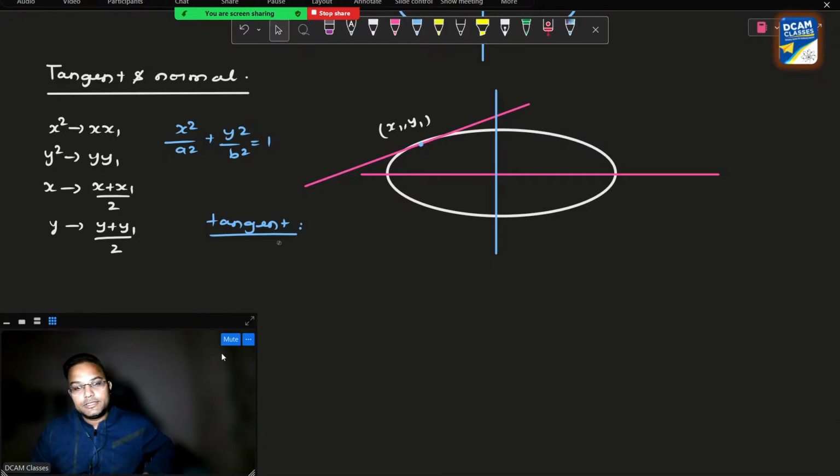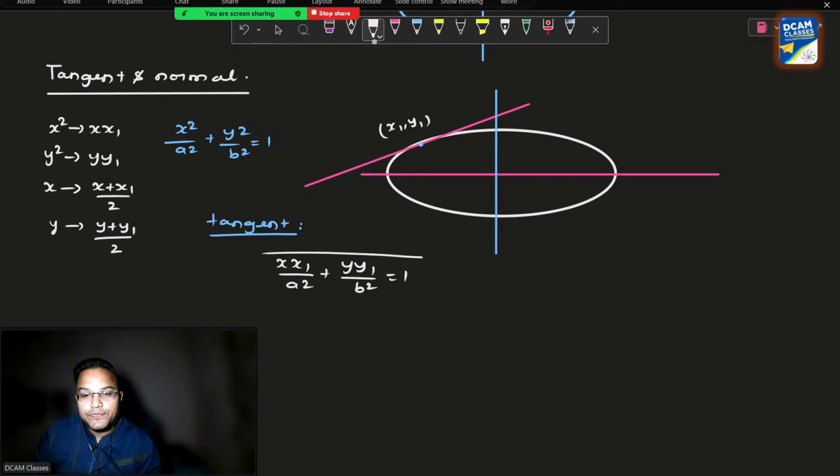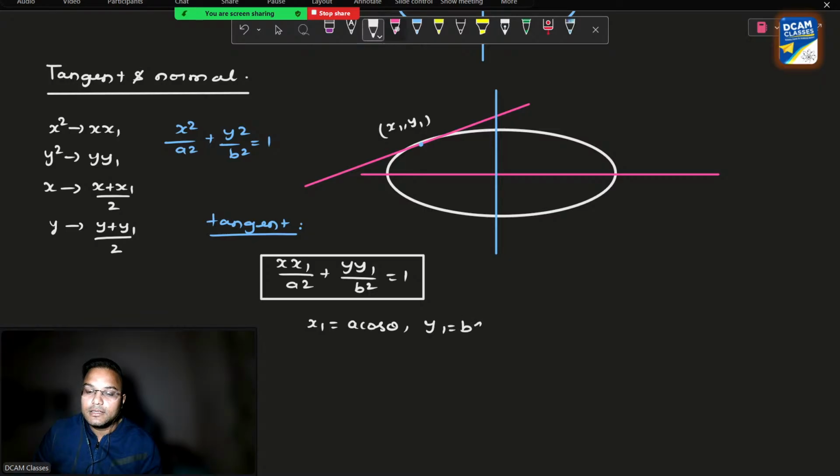Give me the equation. x x1 by a square plus y y1 by b square. Very good. It's easy. What would be the equation if I have taken the point x1 y1 as a parametric point, that is a cos theta comma b sin theta? If x1 is a cos theta, y1 is b sin theta.